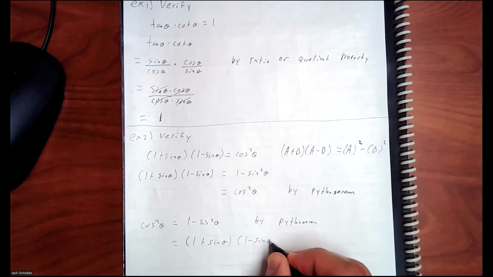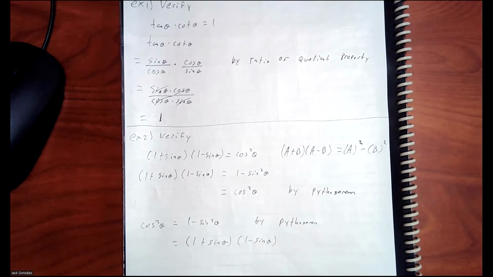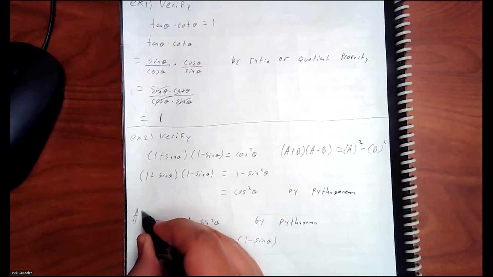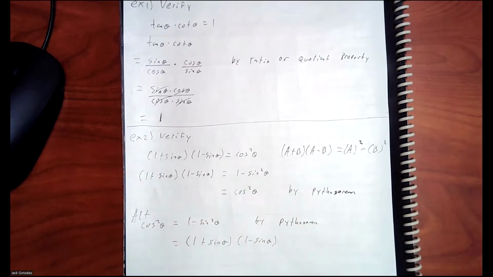So I would end up on the other side anyway. So in this case, either side would have worked. Technically, you can start on any side. Sometimes one side's easier, but I think in this case, they're about the same. So this is an alternate method here. Any questions on 2?